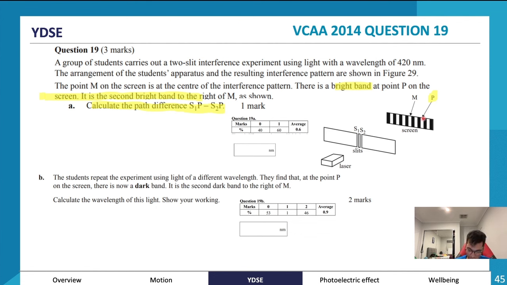If we know it's the second bright spot, we know n is equal to 2, so the path difference would be 2 times the wavelength. The wavelength in this case is 420, which gives us a path difference of 840 nanometers. Since the answer is in nanometers, we don't have to change any units.